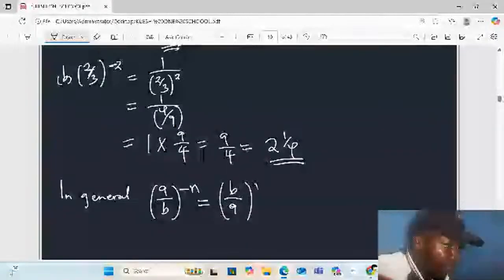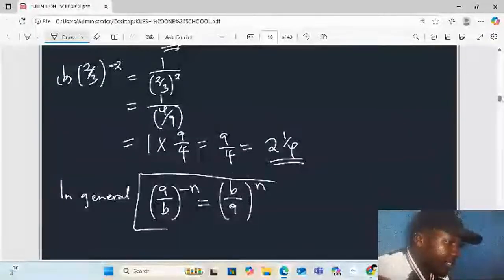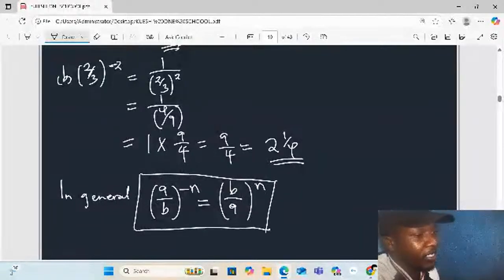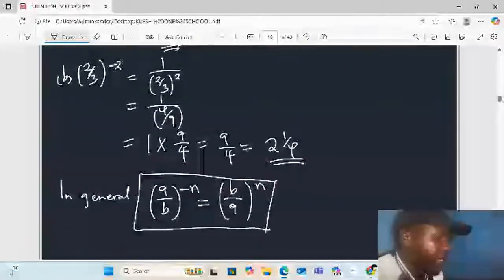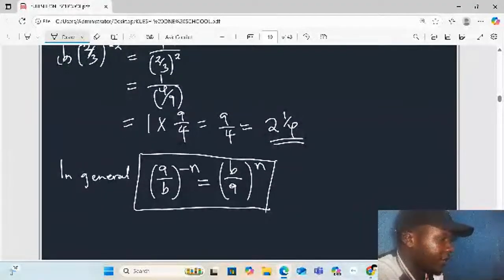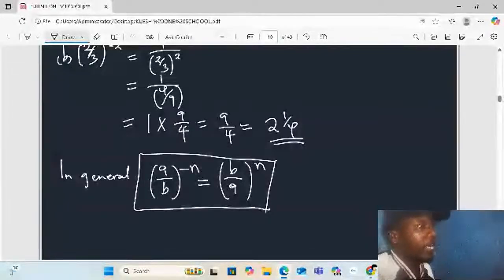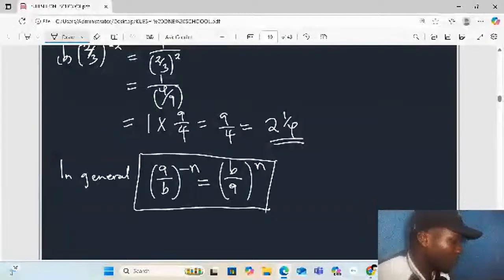Therefore, you have your n. So if you have this law, you can still work some indices that have negative powers. It can help you somewhere when you have negative indices. You can use this formula or law to work it out.